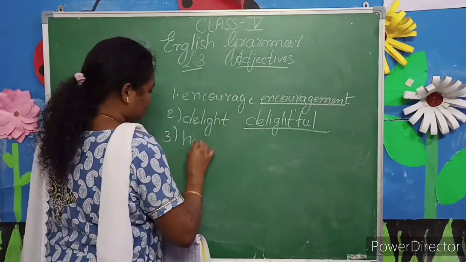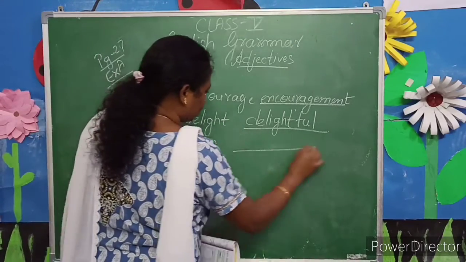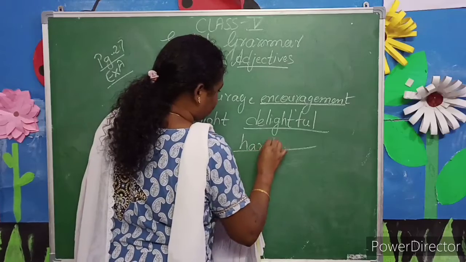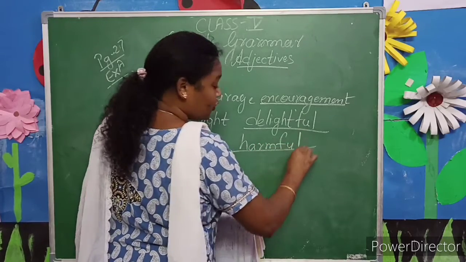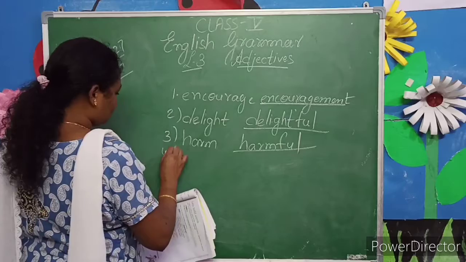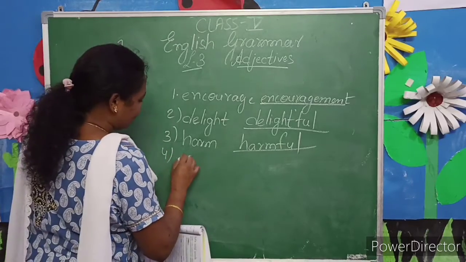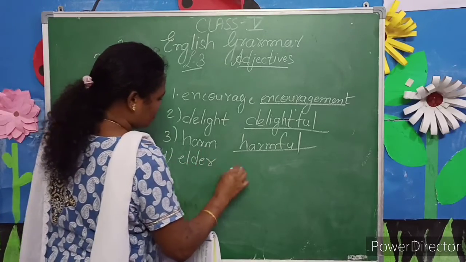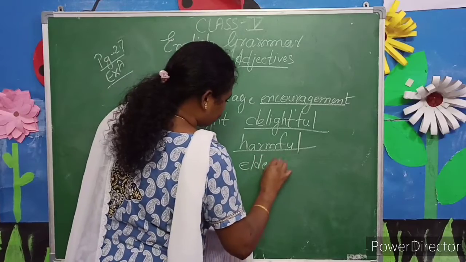Harm. What will come, children? Which suffix do we have to add? Harmful. Fourth one, elder: elderly.